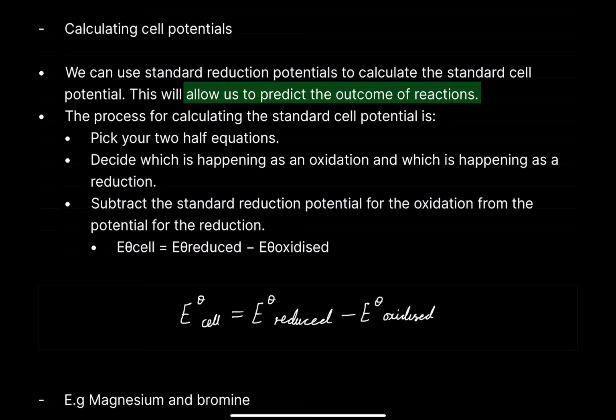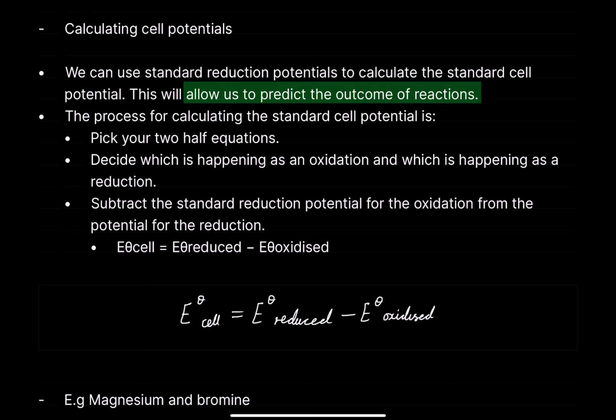Now we subtract the standard reduction potential of the oxidation from the potential of the reduction. So the equation is: the standard cell potential is the electrode potential of reduction minus the electrode potential of oxidation. This is where you need to understand which one is being reduced.